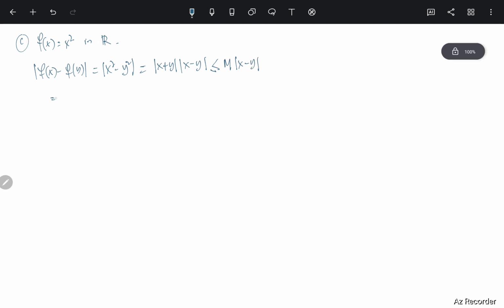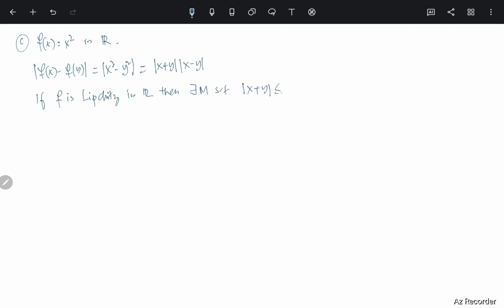So that will actually imply that if f is Lipschitz in R, then there must exist M such that mod of x plus y is less than or equal to M for all x, y in R. But you do realize that this is of course not possible, because I can choose x and y sufficiently big such that this is not true.